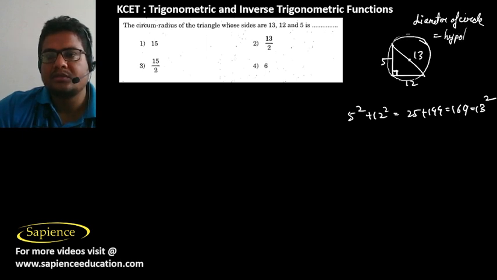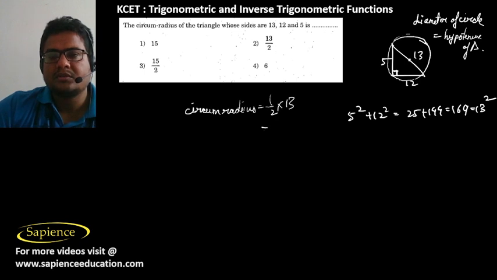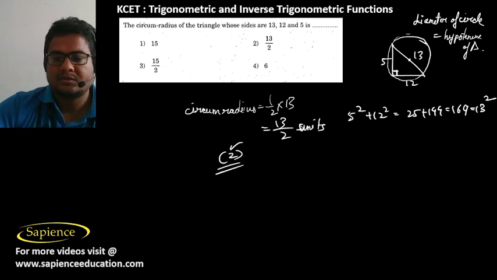Therefore the circumradius will be half of the hypotenuse, which is 13. So that will be 13 by 2 units. So option 2 is the correct answer.